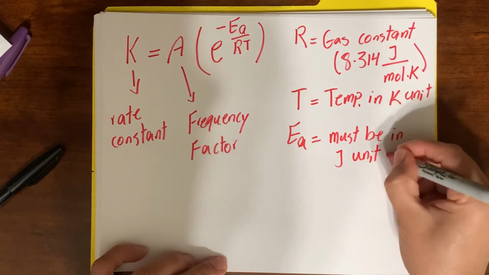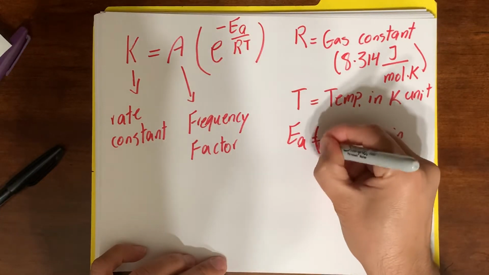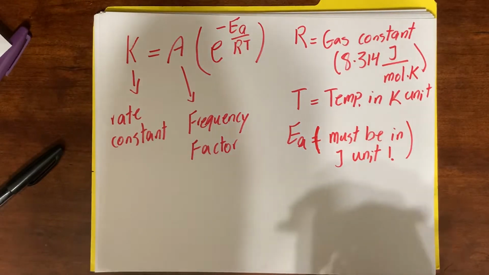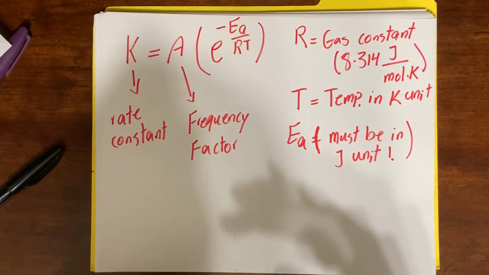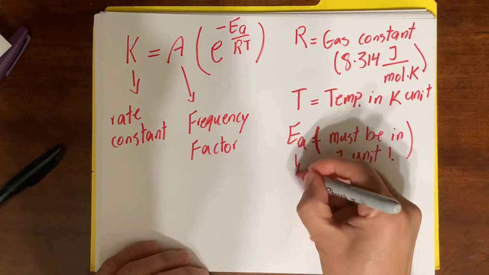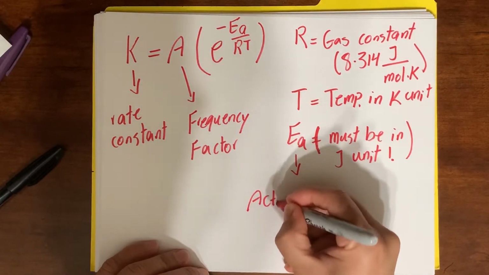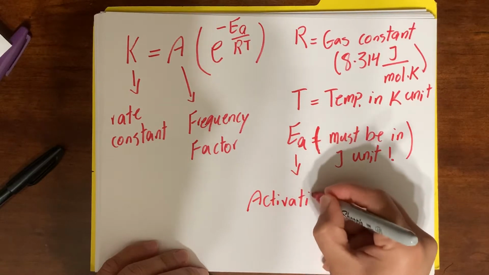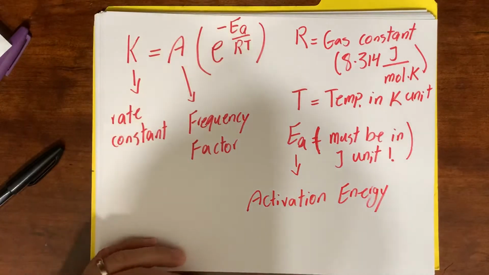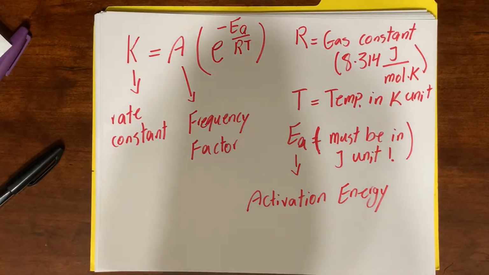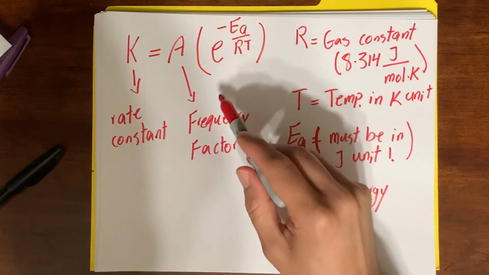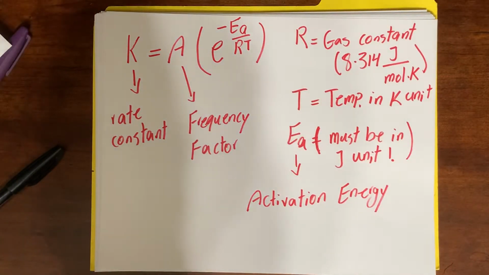Be careful about this one, please. If they give you kilojoule, you have to convert it to joule. And EA is the activation energy. So this says K equals A multiplied by e to the power of minus EA over RT.